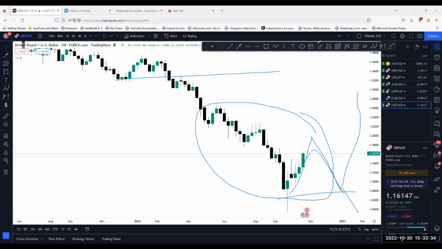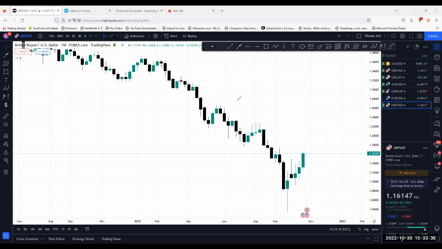But let's look at what we have for the week. I'm just looking at the overall movement of the market that we might be having between now and the end of the year. So this movement to the downside might take another 3 to 4 months, depending. But at the moment, what we're having is a rally up.